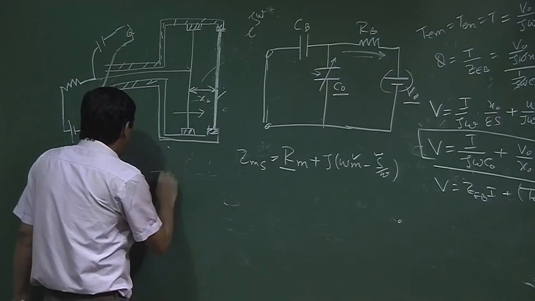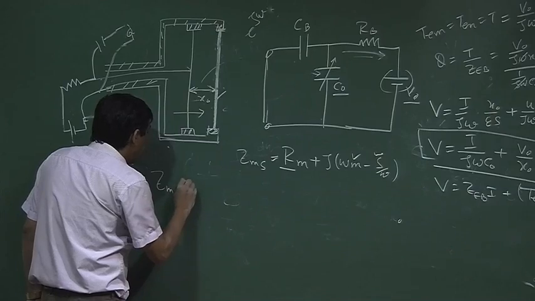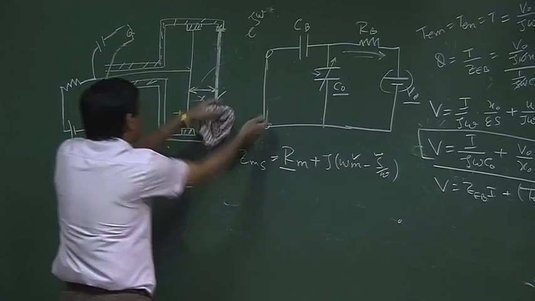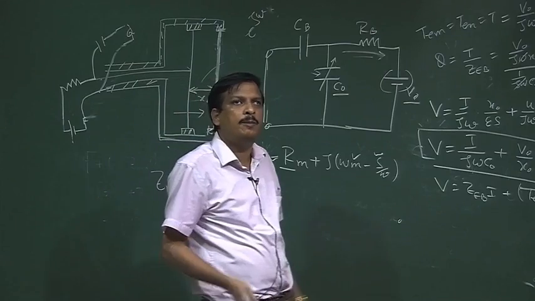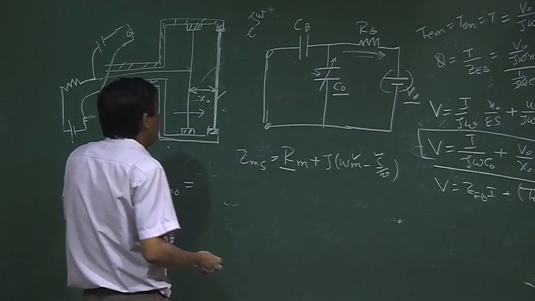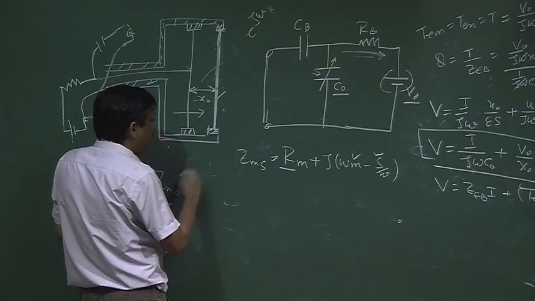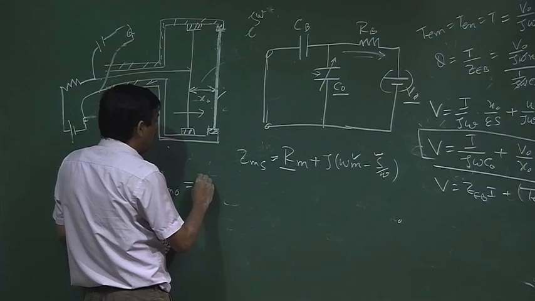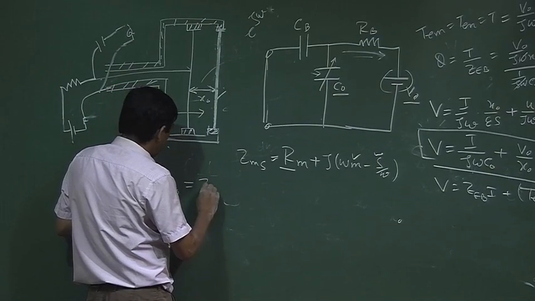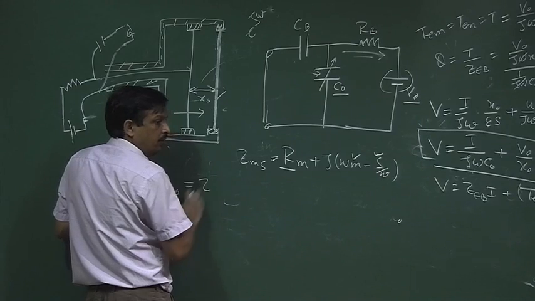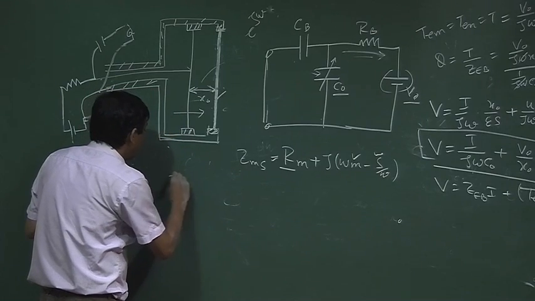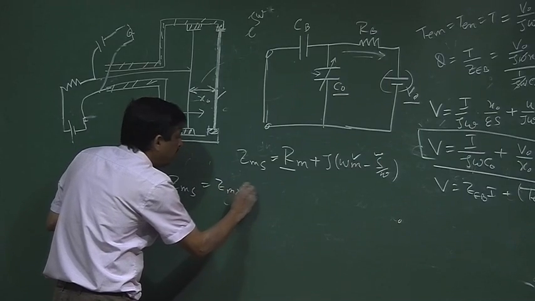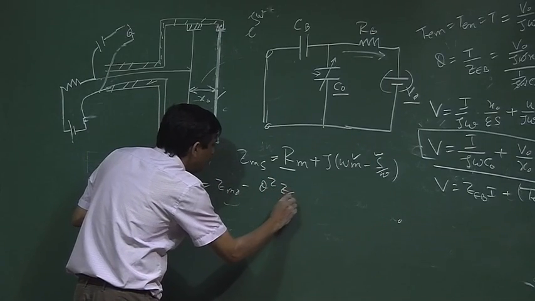What is ZMO? ZMO is when the electrical voltage is applied, as soon as the short circuit is opened. So, when it is open circuit, ZMO, you know the relation: ZMS is equal to ZMO minus phi square ZdB.